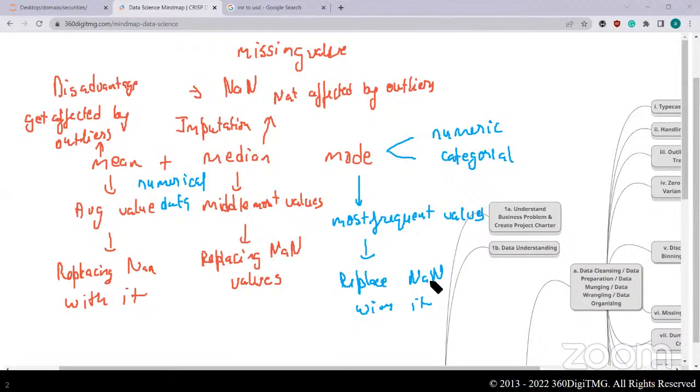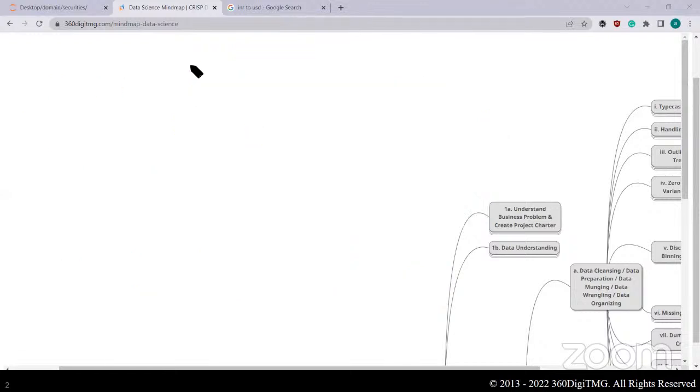And then we have dummy variable creation. Dummy variable creation is replacing categorical data with numbers.